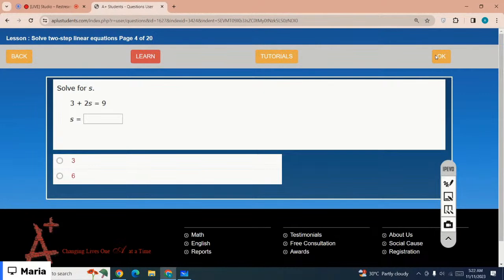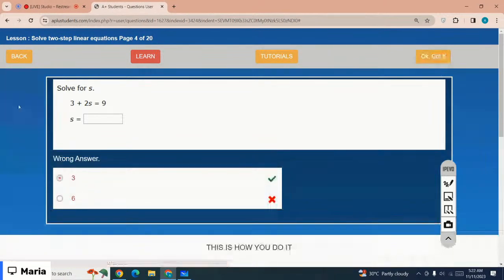You are left with 2s equals 6. So s equals 3. 6 divided by 2, yes, it is 3. The correct option is 3.